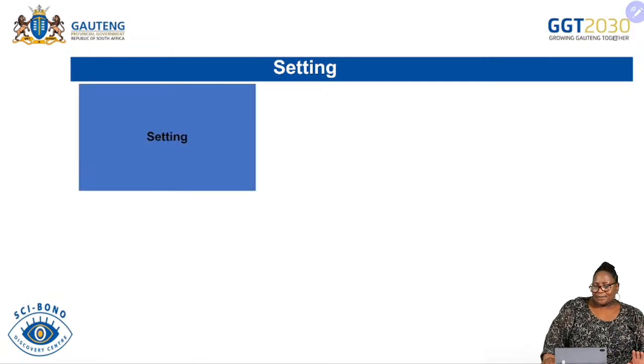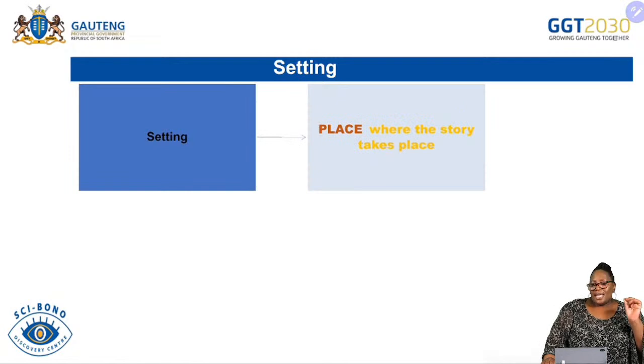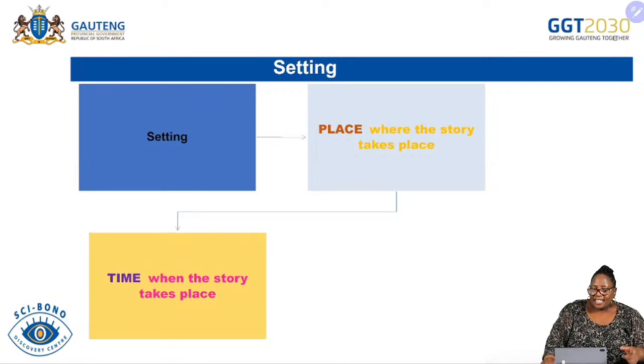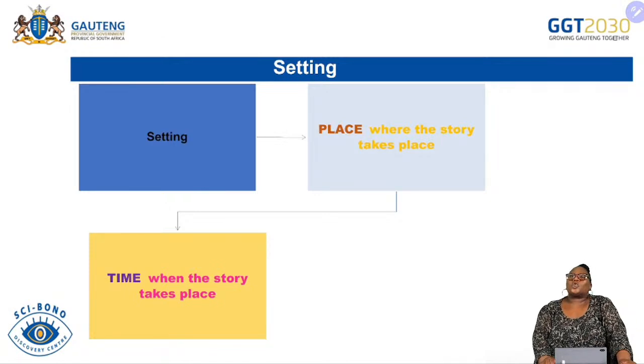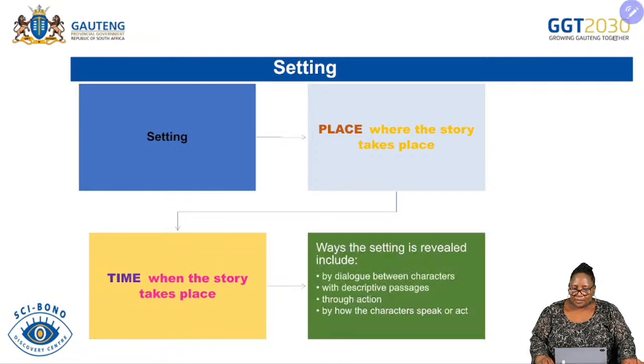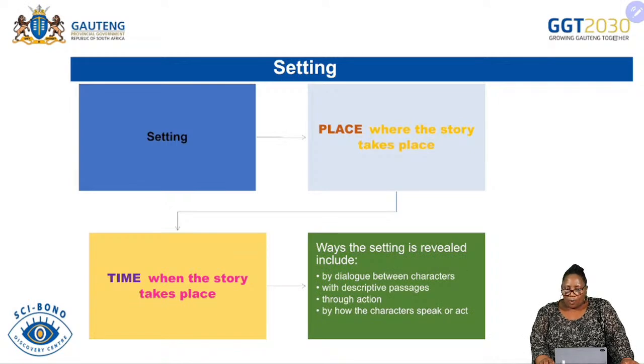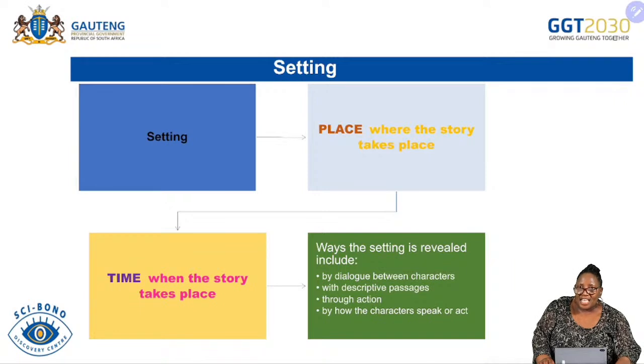The second set of our quick win questions is the setting. And what is setting? We know that setting is a place where the story takes place. It has to do also with the time when the story takes place. We have place and time. How is the setting revealed?